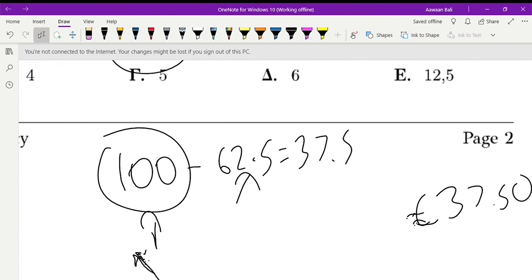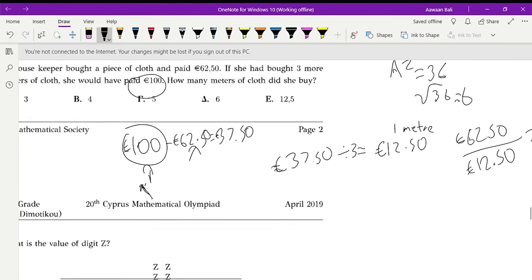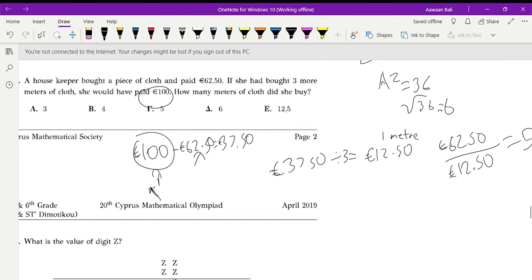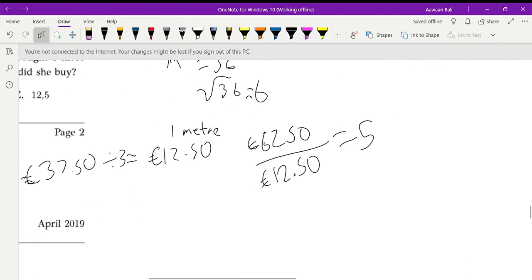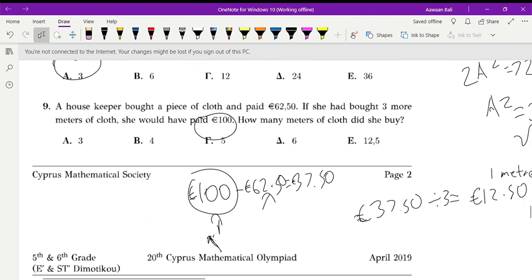So this is €100 and this is €62.50 to get €37.50. €62.50 is the price of the amount of meters that the housekeeper actually got. So if you minus them, you get the price of 3 meters. You divide by 3 because we have 3 meters to find the price of 1 meter, and then you divide that into €62.50 itself, so you can get how many meters there are. It's 5 in this case.